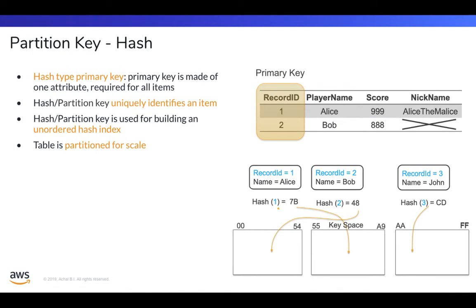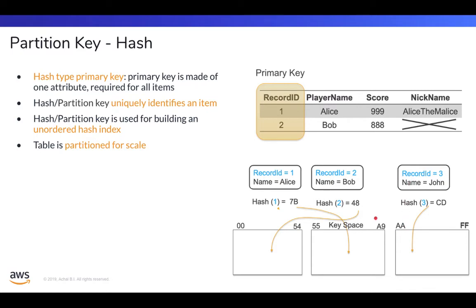So let's understand the partition key. Partition key is a hash type key, and it is made of one attribute, and that is required for all items which are placed in the table.